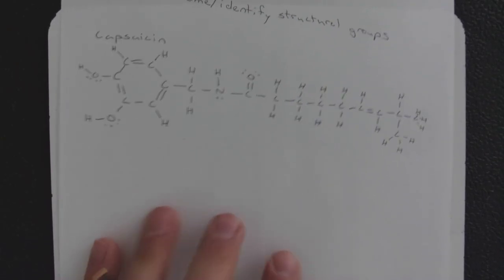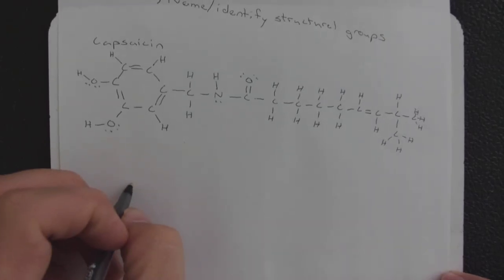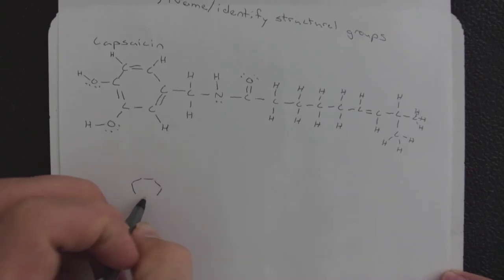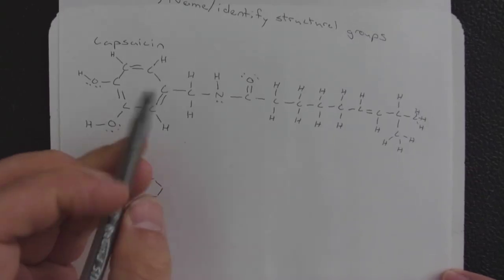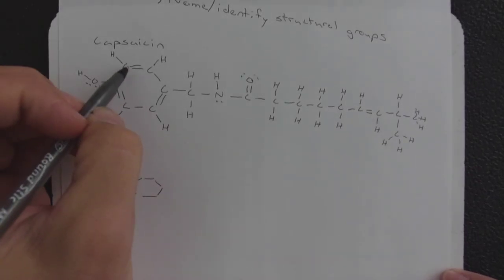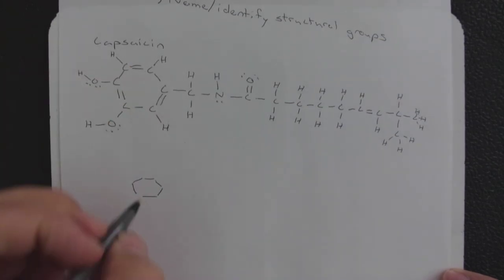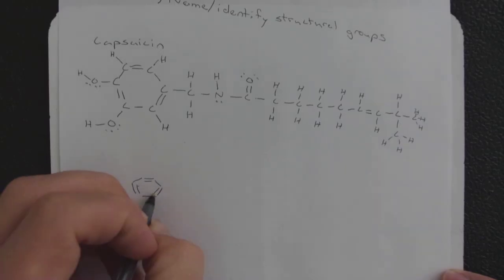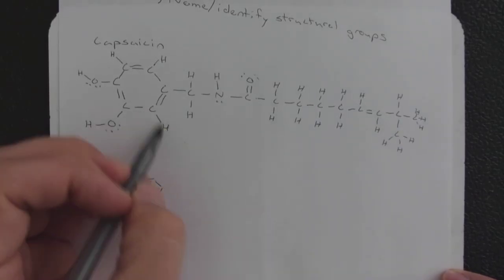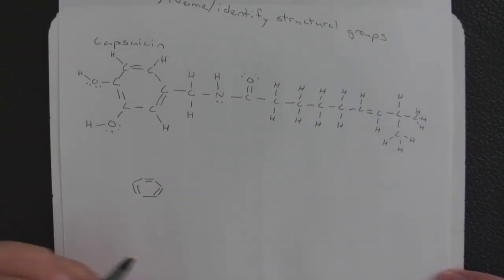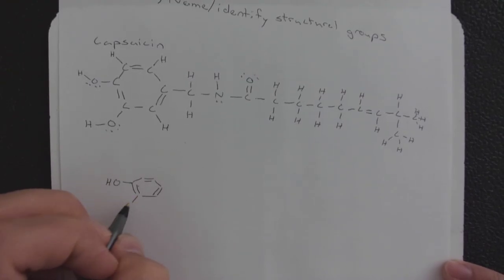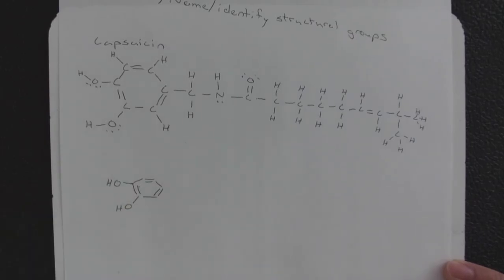So if I go to write this as a skeleton, I'm going to have each of my carbons as a vertex. So over on the left-hand side here, I've got 1, 2, 3, 4, 5, 6 carbons. So I'm going to draw a 6-membered ring. I'm going to draw my double bonds between them. And then my hydrogens that are attached to just a carbon, I'm just going to ignore them. I'm going to assume that for each of those carbons, yes, I've got a hydrogen attached to them.